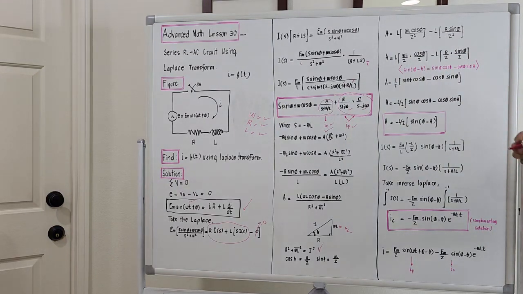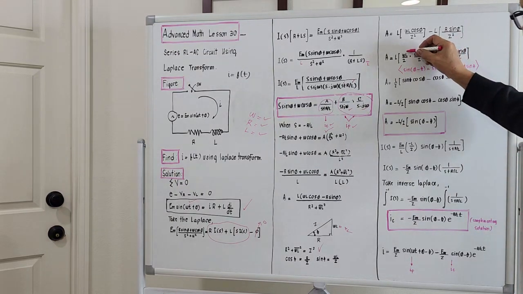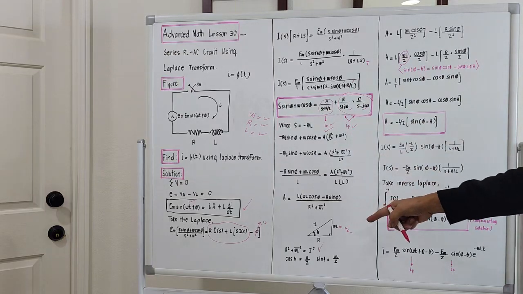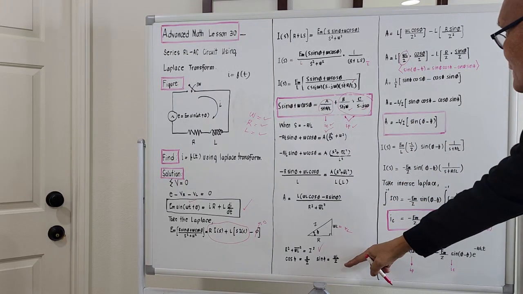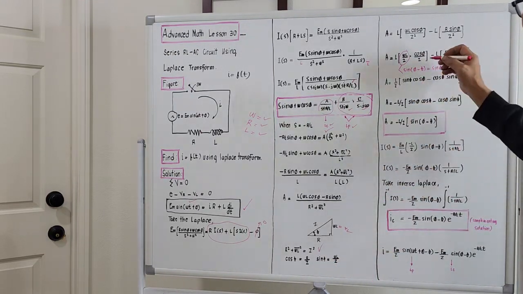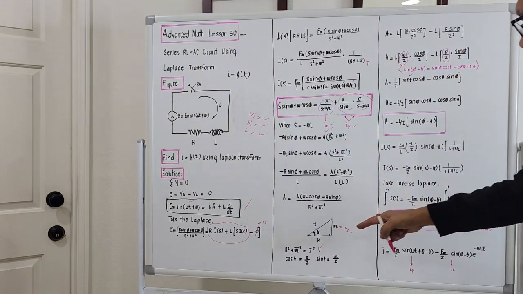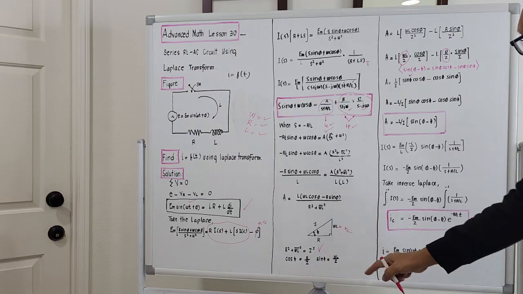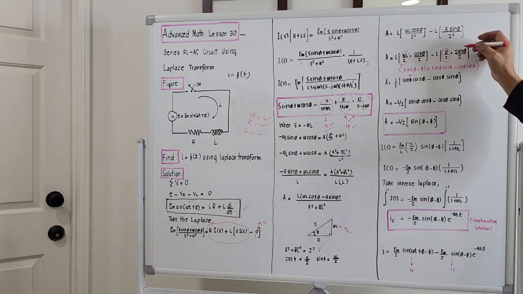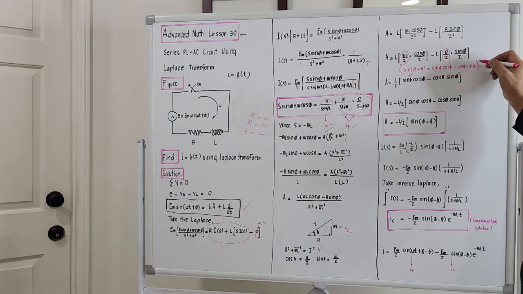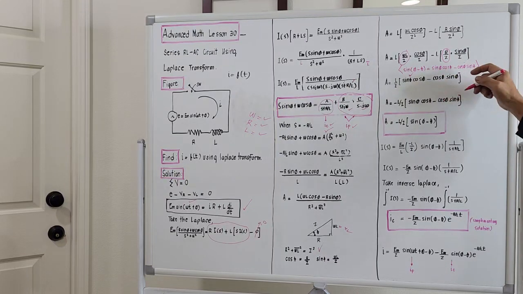And if we try to take the equivalent of this, omega L over Z is actually sine of theta. And if you go back to the impedance right triangle, R over Z is actually cosine of theta, right?